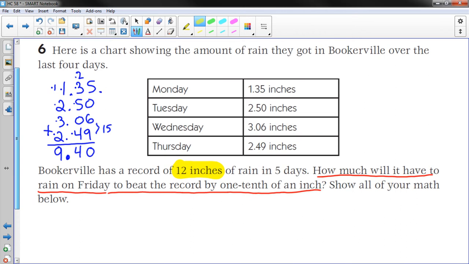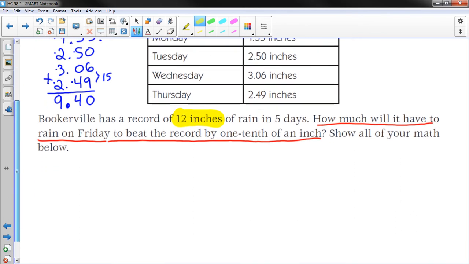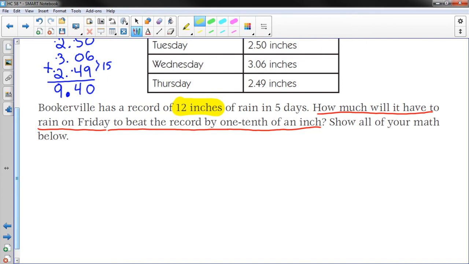We only have Monday through Thursday so far of rainfall data. So we're going to take that number 12 and we're going to subtract the number that we got up above, the 9 and 40 hundredths, to find out the difference.